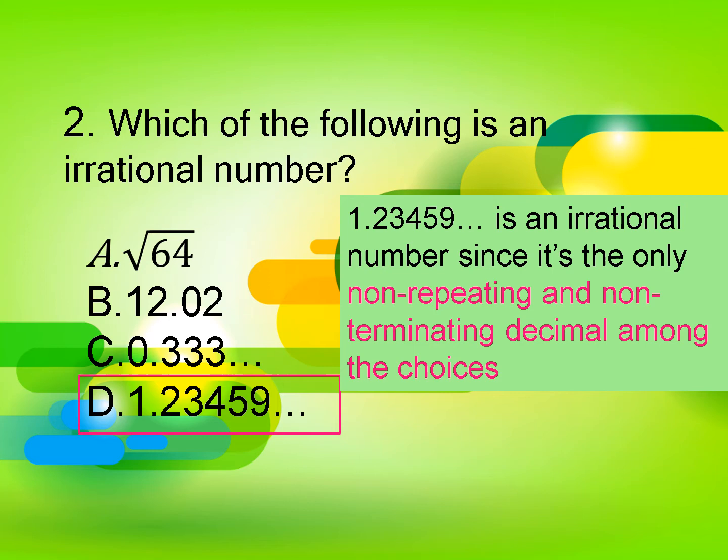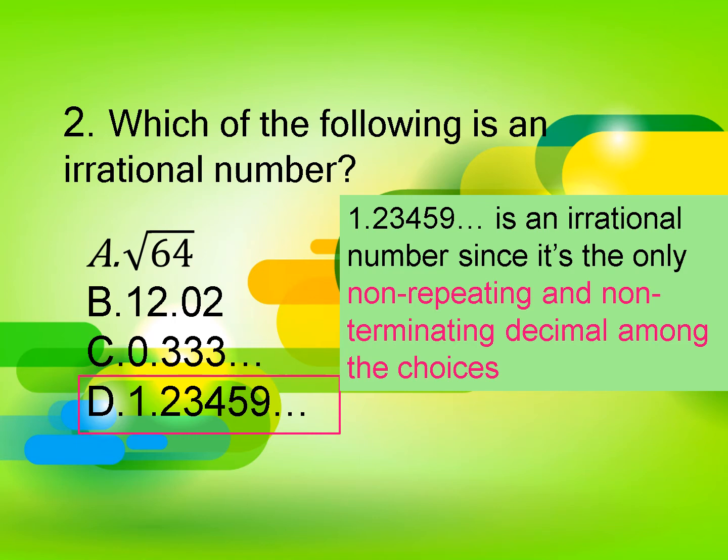How about letter B? Letter B, 12.02, is an example of a terminating decimal because its decimal part stops at the hundredths place. So this is an example of a rational number. How about letter C? 0.333 repeating.